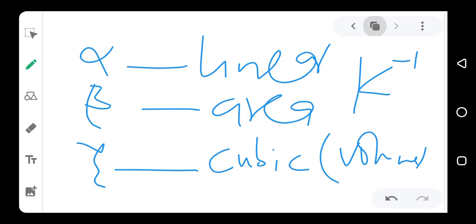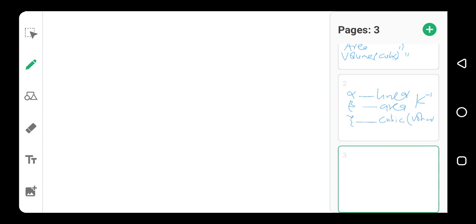Now the formulas, the mathematical expression for linear expansivity is this. For linear expansivity, that is alpha, the formula is, we say that it is change in length of an object as a result of change in temperature.